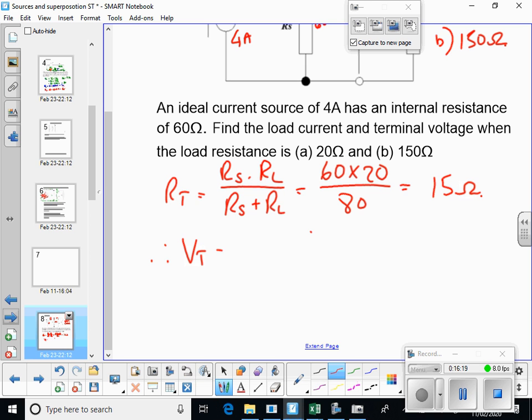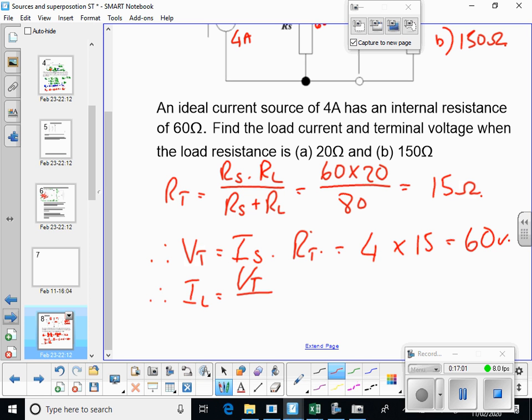Therefore, Vt is 4 amps times RP, 15 ohms, so 60 volts. Therefore, IL is equal to V terminal over 20 ohms, 60 over 20 equals 3 amps.